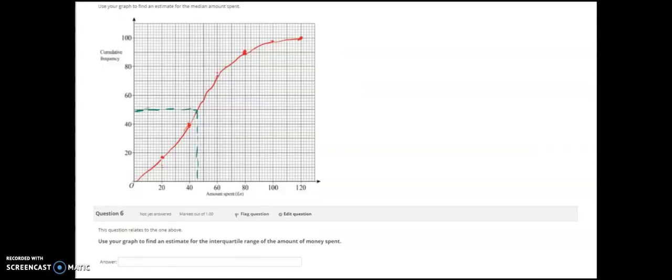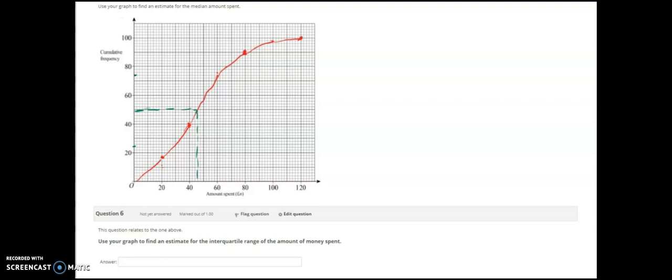Question number 6 links to question number 5. So we've got to use the graph to find an estimate for the interquartile range of the amount of money spent. So we found the median. If we look at the range, we have between 0 and 100, so 100 customers. 50 was halfway through, that gives us the median, and 25 will be the lower quartile, and then 75 will be the upper quartile.